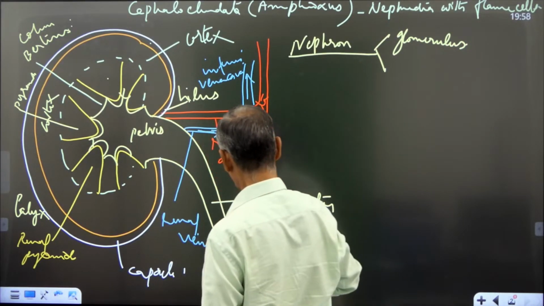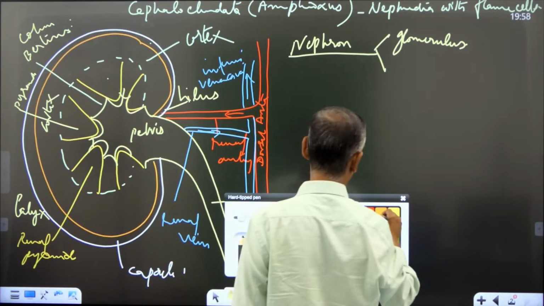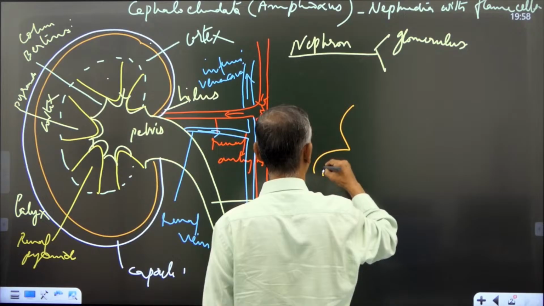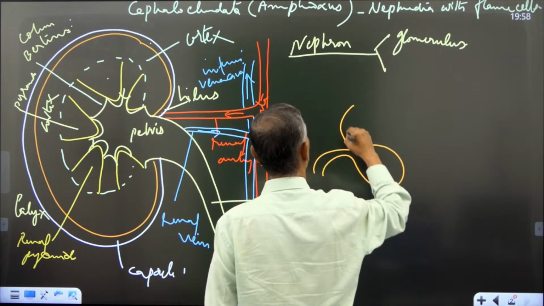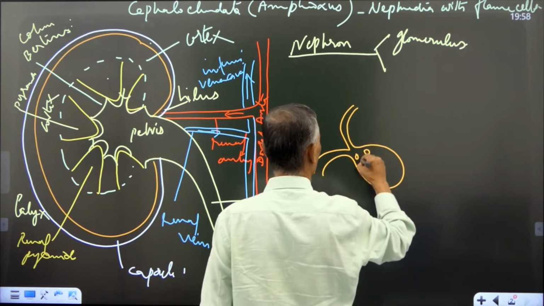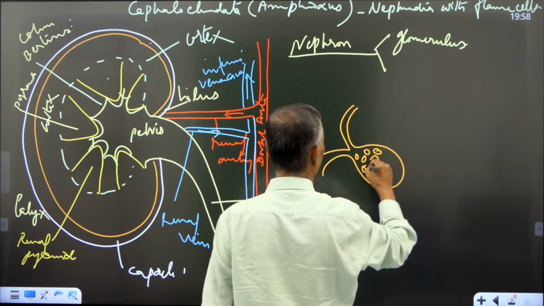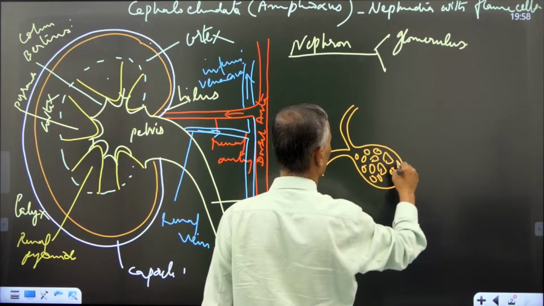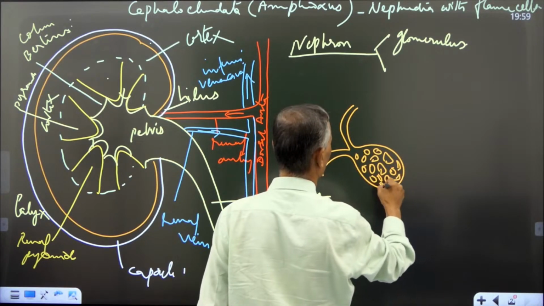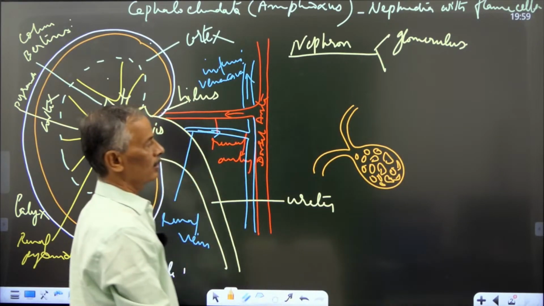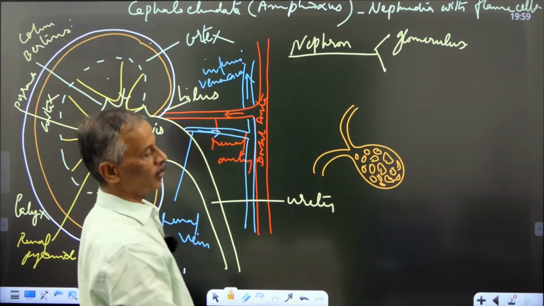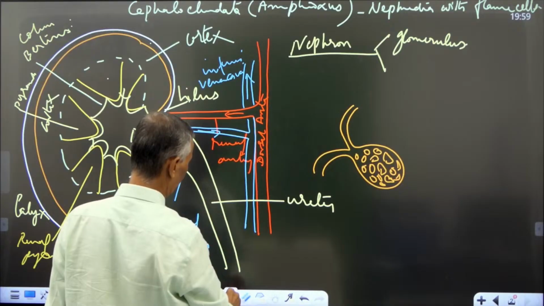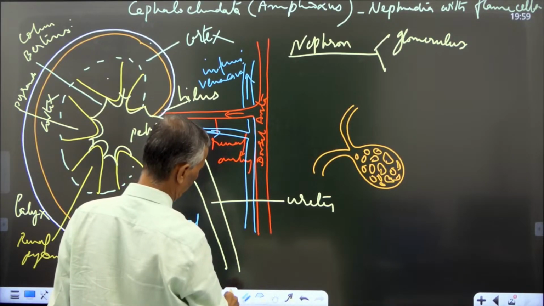What is the glomerulus? Glomerulus is a highly coiled tuft, a knot of capillaries. This is the glomerulus, tuft of capillaries, and the second one is the renal tubule.